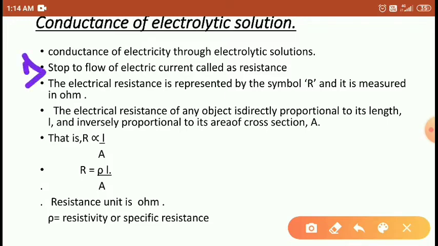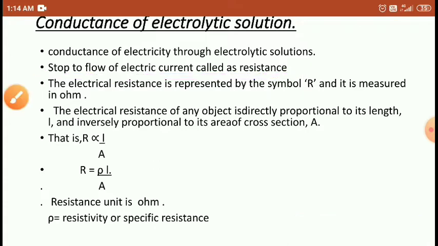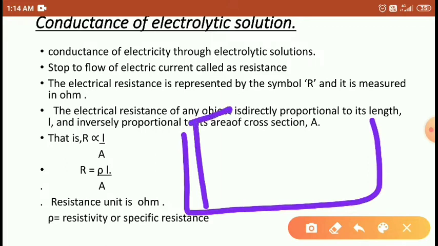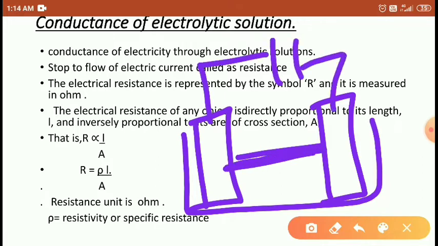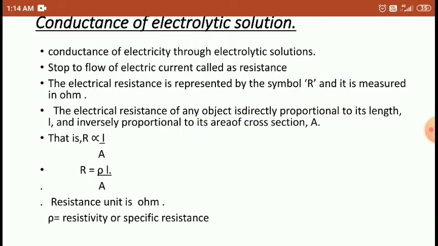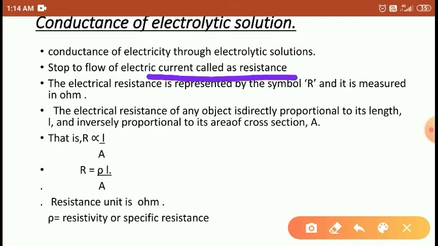Stopping the flow of electric current is called resistance. When the length between the electrodes increases, the flow of electrons decreases. So stopping the flow of electric current is called resistance.